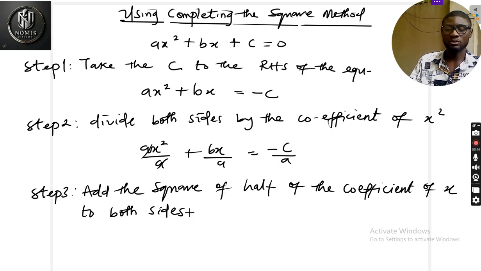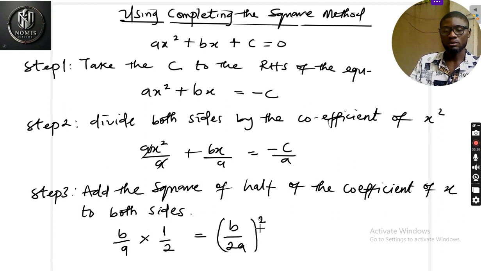So how do we get that done? First of all, let's find the half. The coefficient of x is b all over a. What is the half of b all over a? That's multiplied by 1 all over 2. So the half is now b times 1 is b, a times 2 is 2a. So this is the half of the coefficient of x. So let us square it now. This is the square of the half of the coefficient of x. So let us add it to both sides.